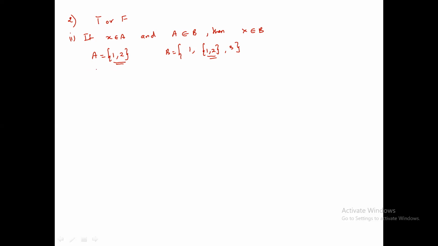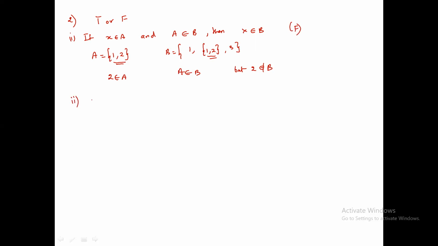Now, suppose I take 2 belongs to A, and we also know that A belongs to B. But 2 does not belong to B. So what they gave is false.